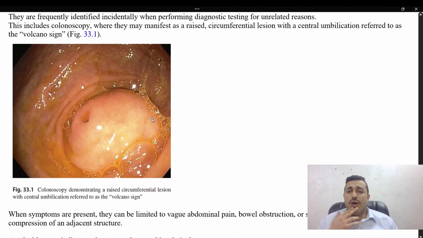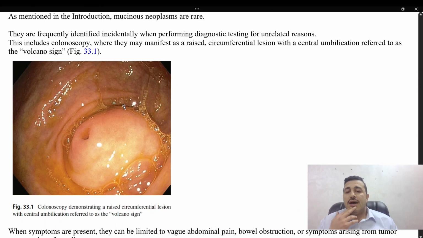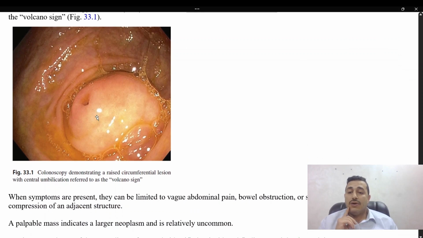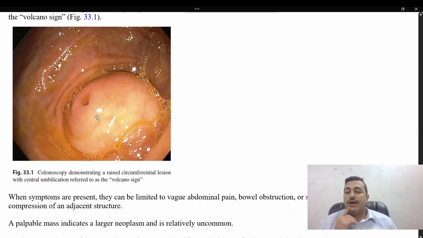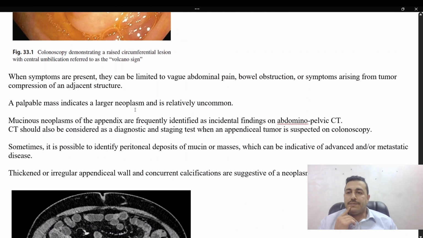This is one of the scenarios where we can find the volcano sign on colonoscopy. Actually, it's hard to predict the diagnosis before doing appendectomy, but in some cases we can do colonoscopy, and here we see a raised circumferential lesion with central umbilication. This is called the volcano sign. It is pathognomonic for mucinous cancer of the colon or appendix. Okay.